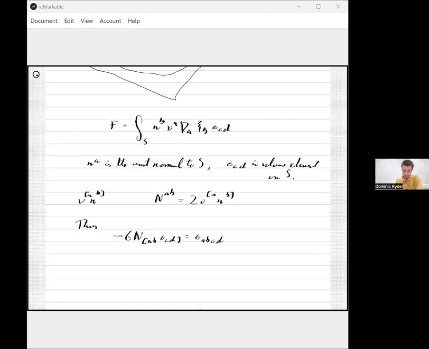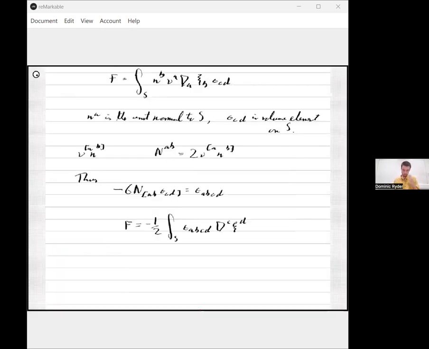Substituting this into our expression for F, we get F is -1/2 integral over S of epsilon_ABCD nabla^C xi^D. Maybe it's a good exercise to make sure to track where these factors are coming from, but they just come from adding various forms of the antisymmetries together.